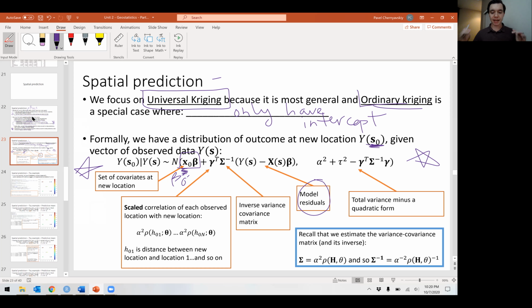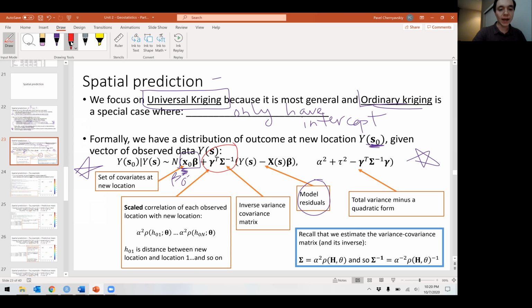So our prediction at a new location is a sum of the mean there and some function of all the residuals. The mean predicted at our new location plus some function of the residuals. What do I mean by some function?